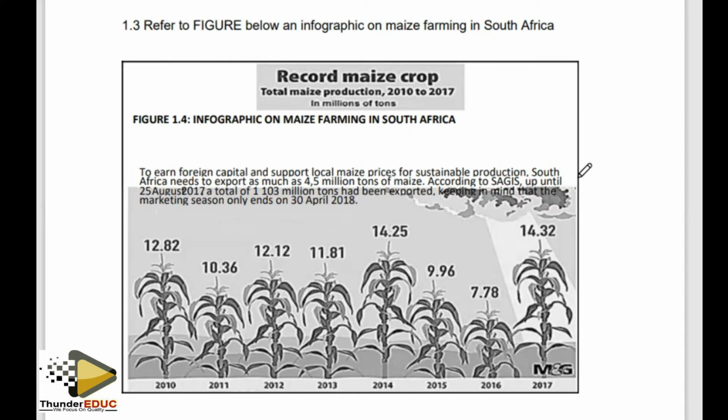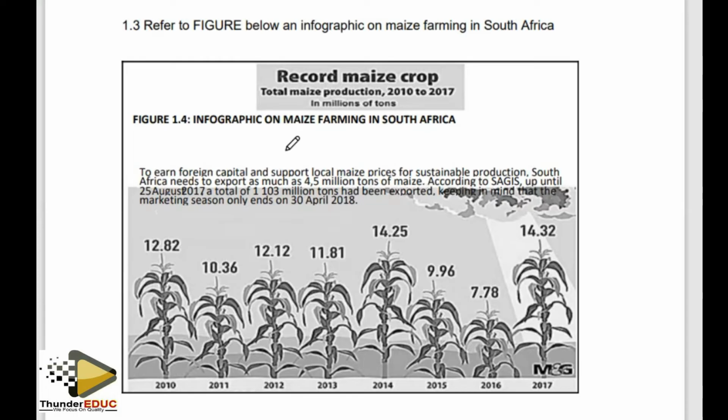Figure 1.4, infographic on maize farming in South Africa, and it reads, to earn foreign capital and support local maize prices for sustainable production, South Africa needs to export as much as 4.5 million tons of maize.